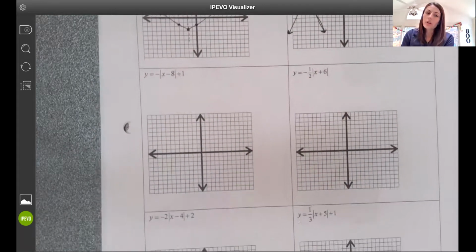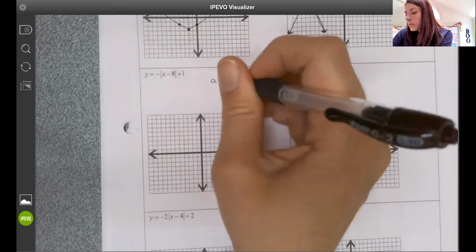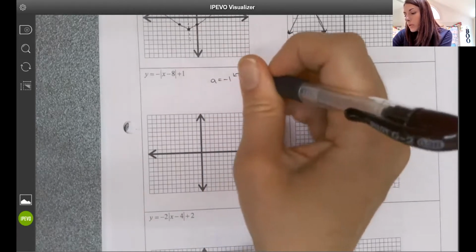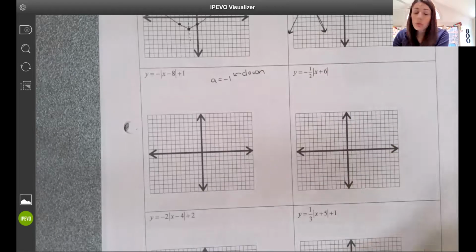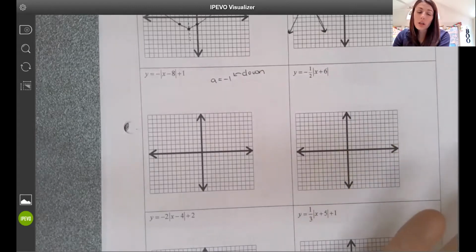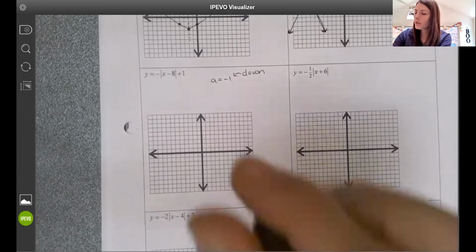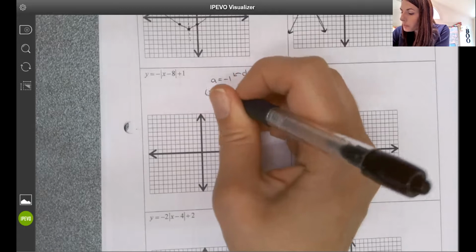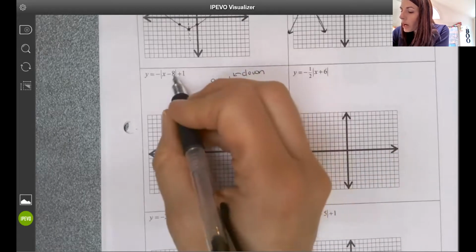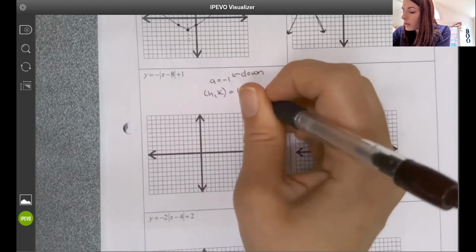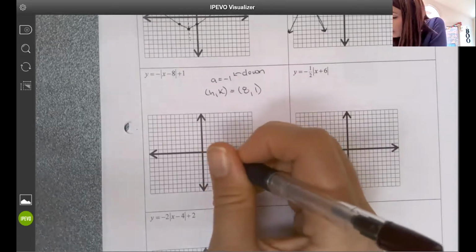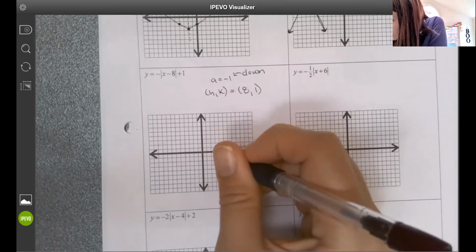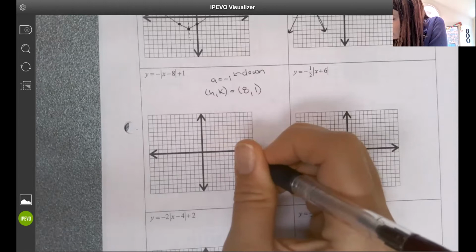On our third graph here, A is -1. So I know that my graph will open down and it won't be narrower or wider than my parent function because it is 1. So it should be the same size as that parent function in terms of narrow wideness. HK would be +8, 1. So +8, 1.